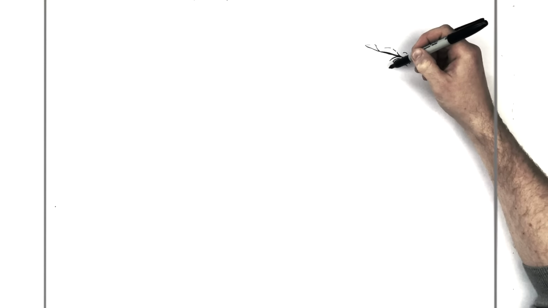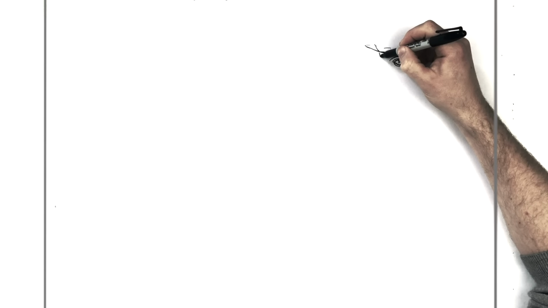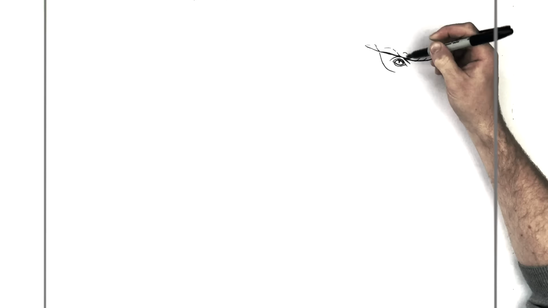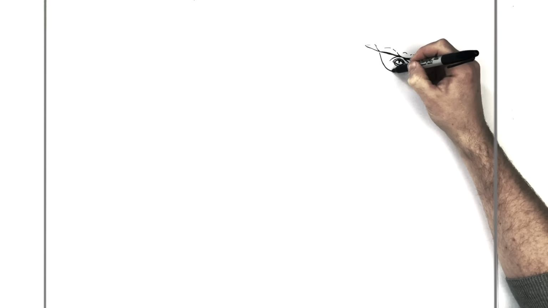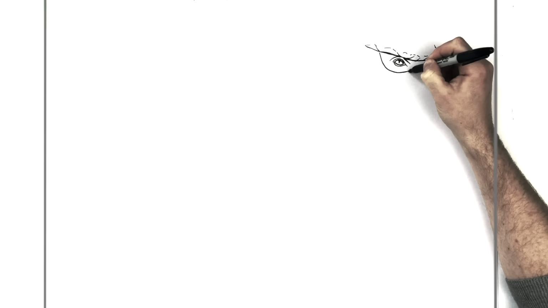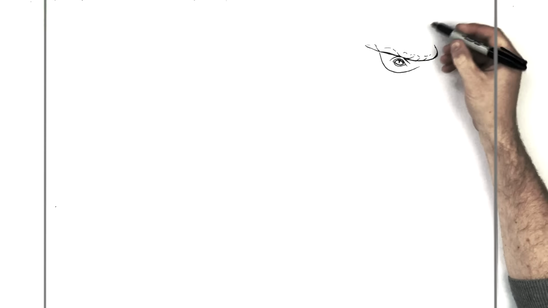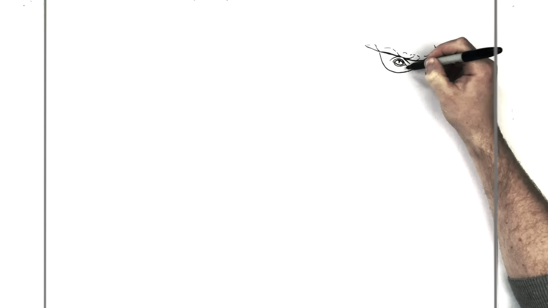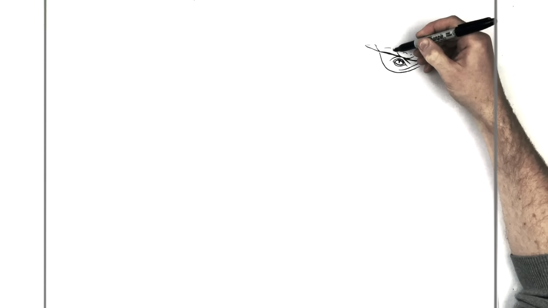Then we've got a big line curving around the bottom of his eye, just here, like so. And this will come out from his nose and come down around.